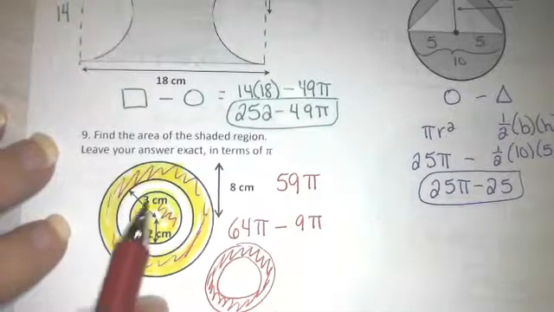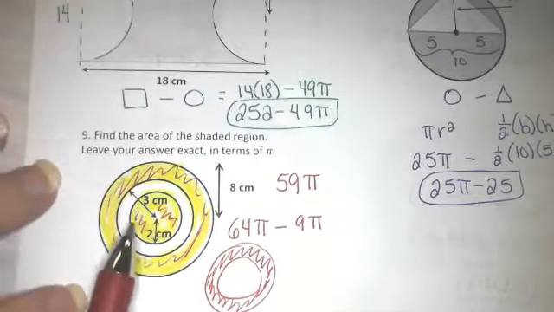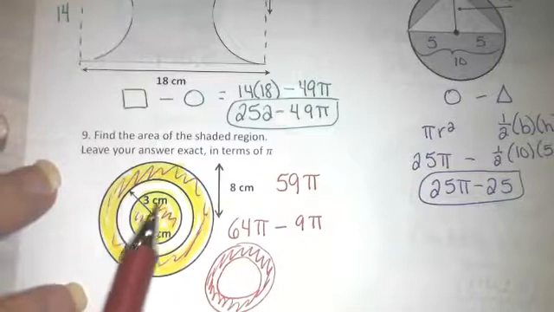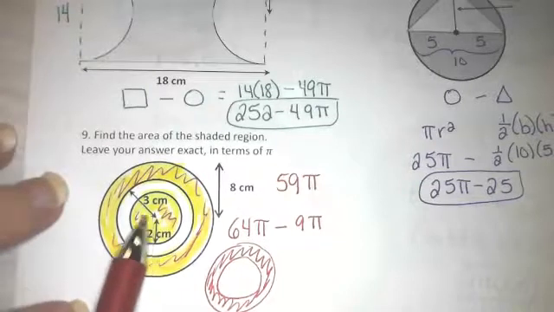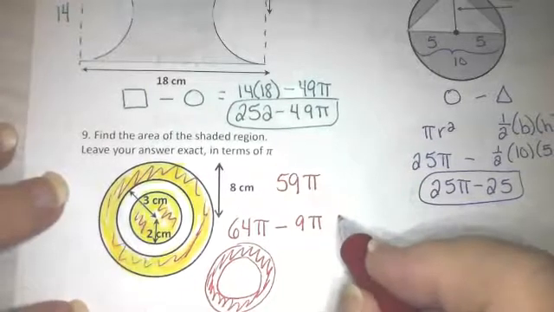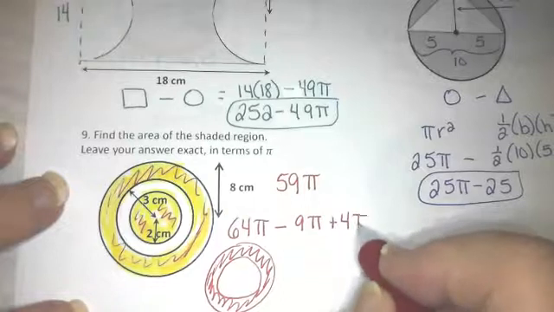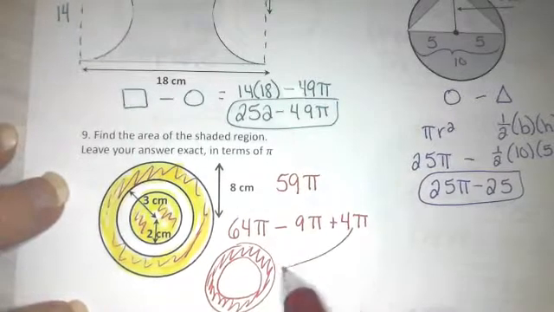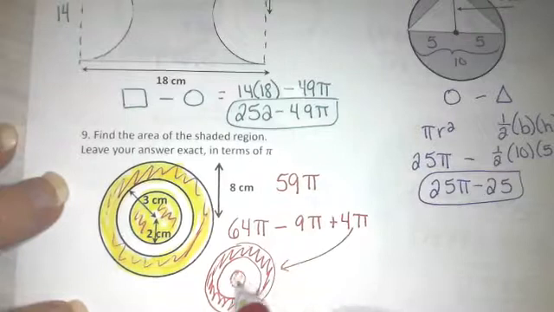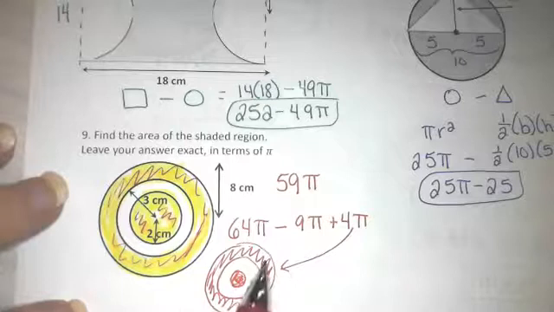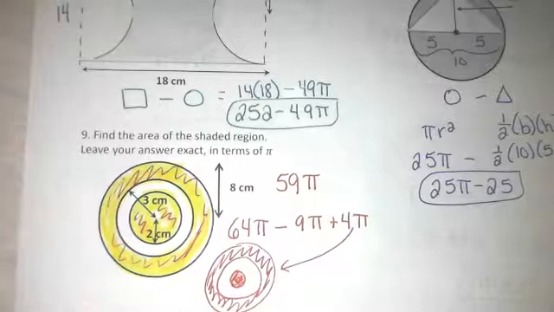But I also have this part shaded in the middle. So Sophia, what did you do to get that part back? So I just subtracted 64 pi and 9 pi, and then I added 4 pi to that answer. By adding 4 pi, we put the shaded circle in the middle back. So yeah, 64 pi, big circle, minus the next one, plus the next one.